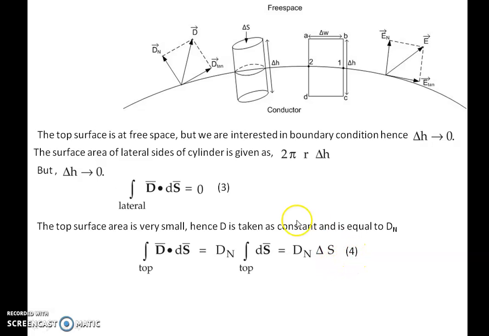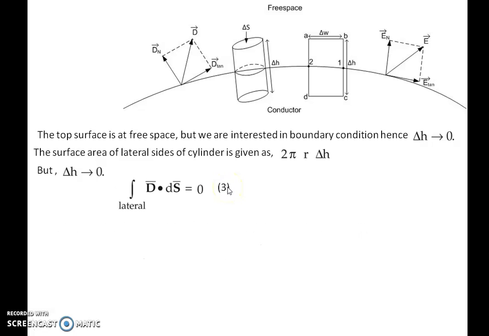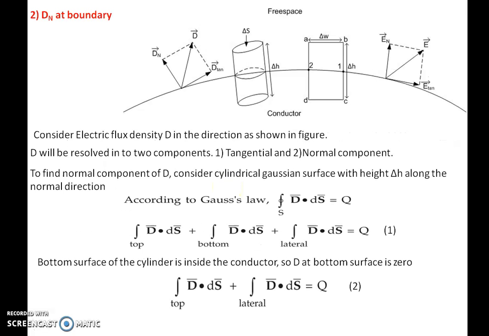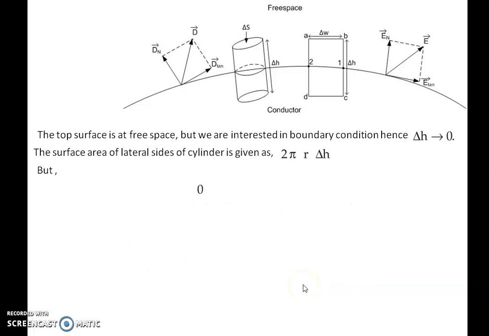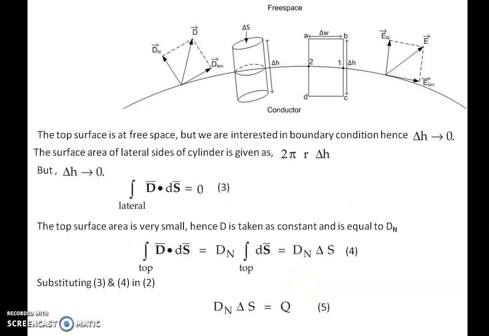Now substituting 4 and 3 in equation 2, you will get Dn into delta s, which is equal to Q. I will take this as equation 5. But as a property of the conductor, we know that the charges will align on the surface of the conductor, forming a surface charge distribution.